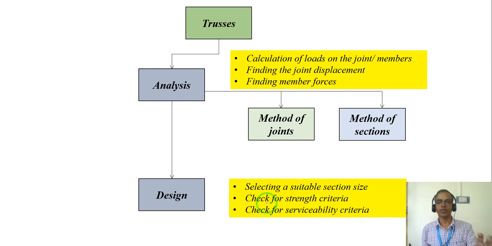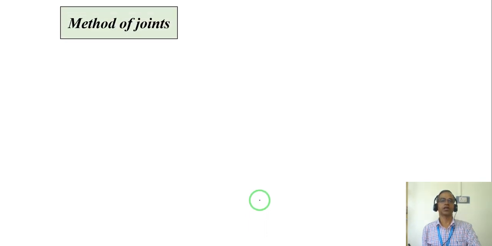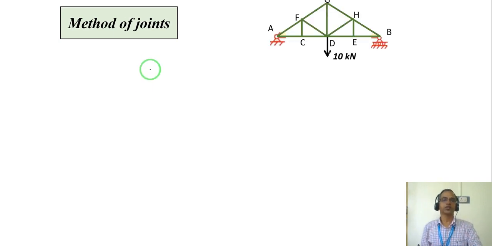Then we find out whether these members pass the serviceability criteria or not. We need to check. So let us look at an example of the method of joints. How to analyze by the method of joints? A summary, a concept. I am going to take a simply supported truss to understand the method of joints.